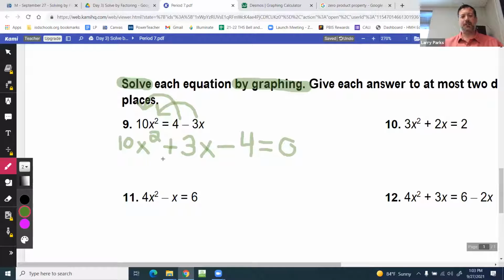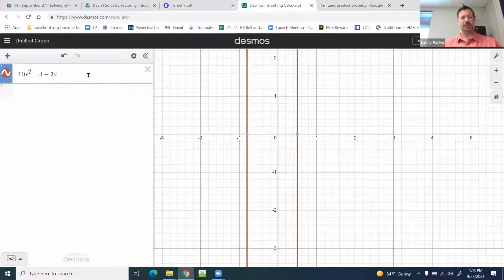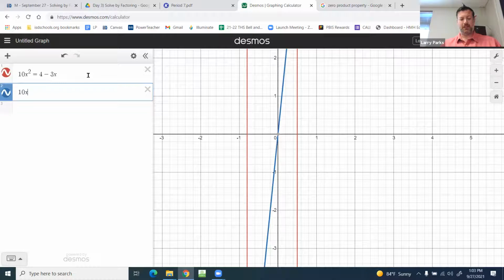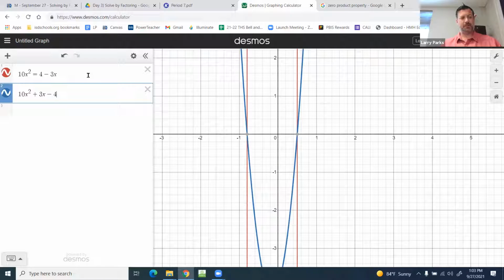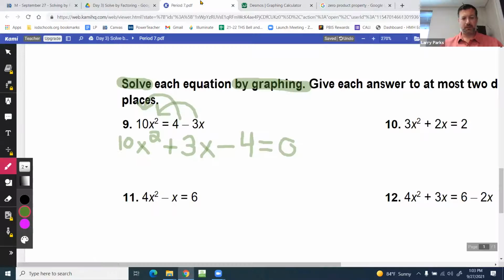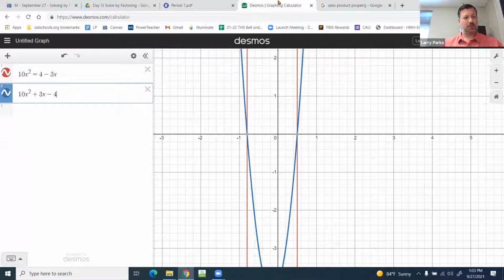So notice, if I were to type that in, 10x squared plus 3x minus 4. They're not the same thing.